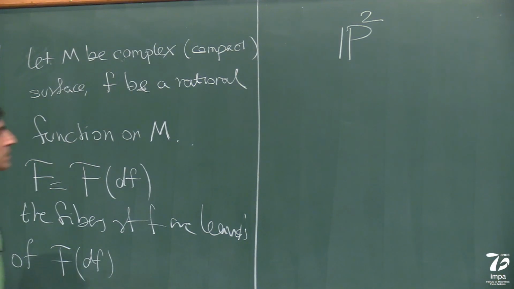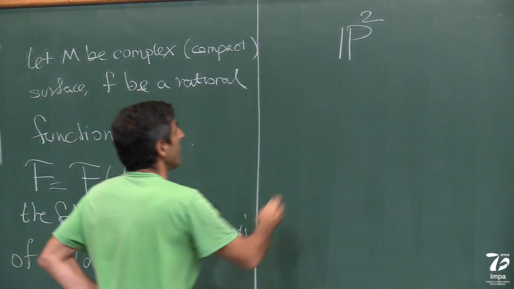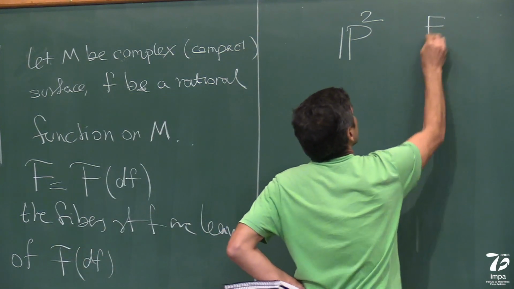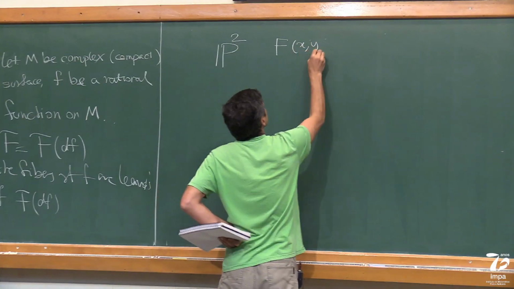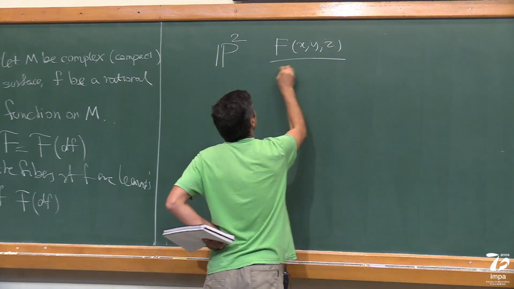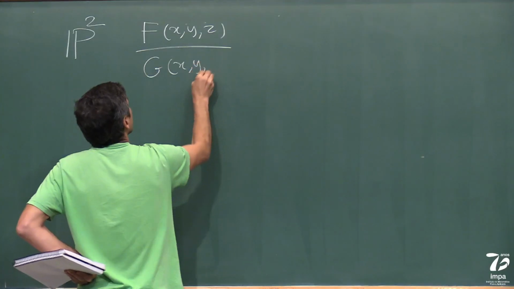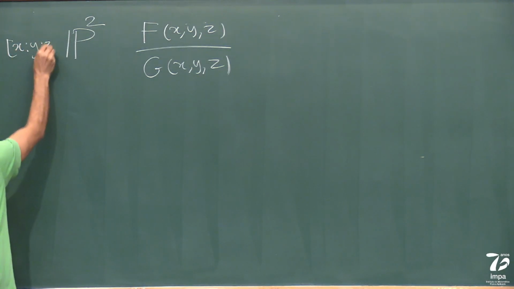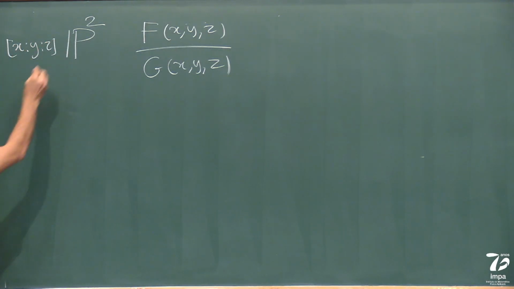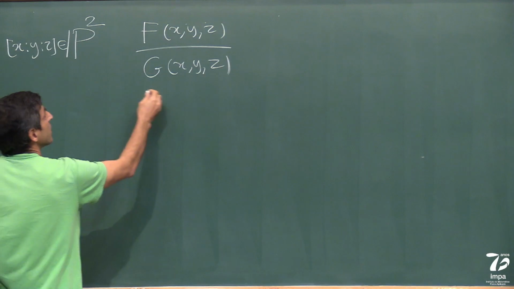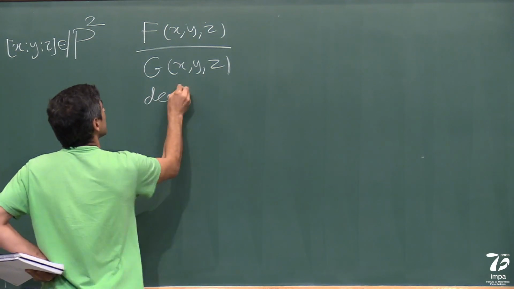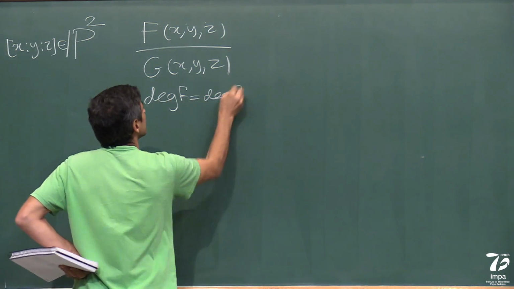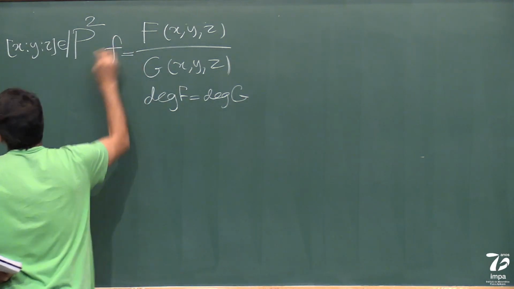Take projective space, with coordinates x, y, z. A point in this projective space is x, y, z, and you take two homogeneous polynomials of the same degree, f and g.